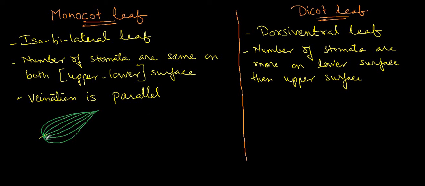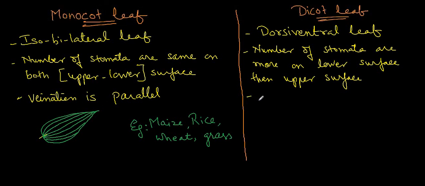So this type of venation is seen in monocot leaf. Example, maize, rice, wheat, grass.